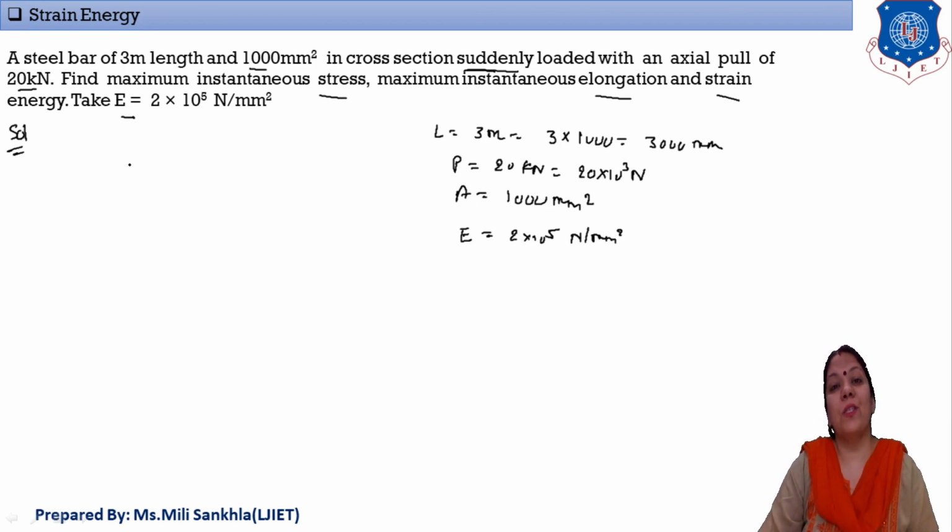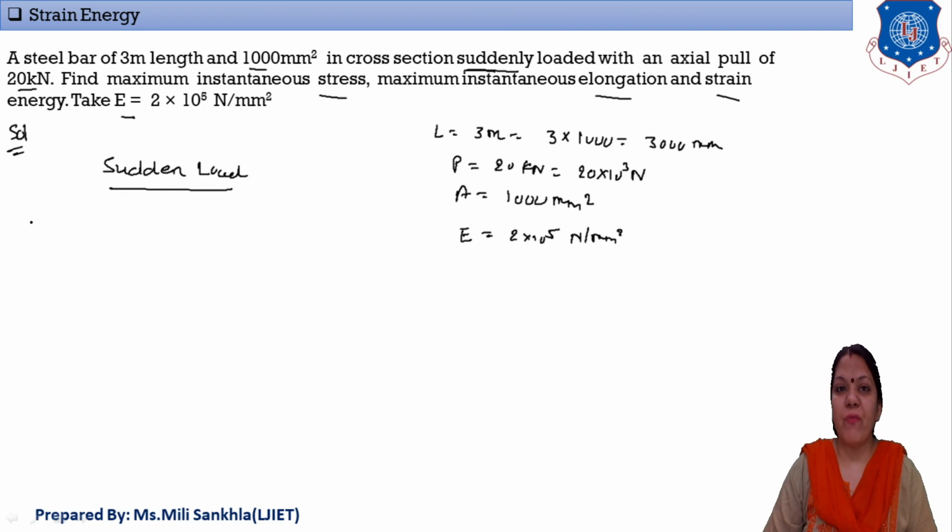This is simply the case of sudden load. So first of all, write down that this load is a sudden load. Now we simply follow the equation of sudden load. First we find out stress.